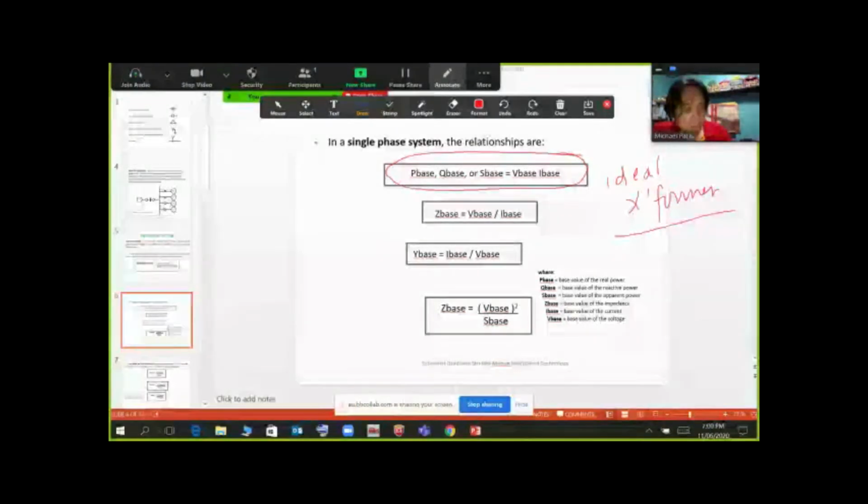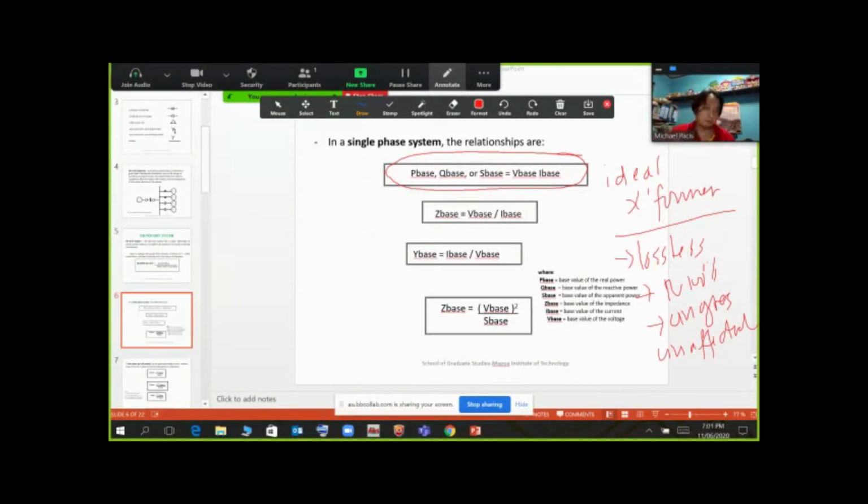So what is an ideal transformer? A transformer that is lossless. A transformer whose efficiency is 100%. And the angles are unaffected on both primary and secondary sides.